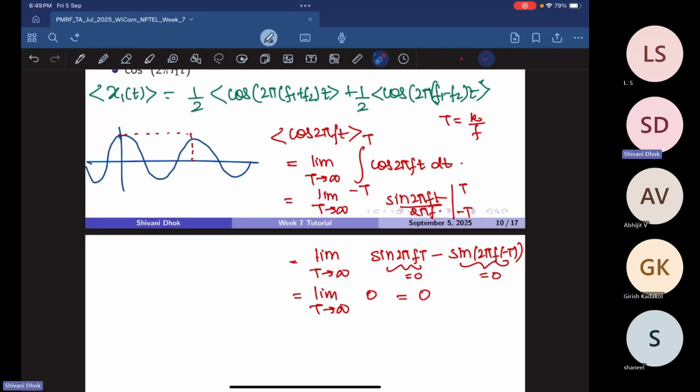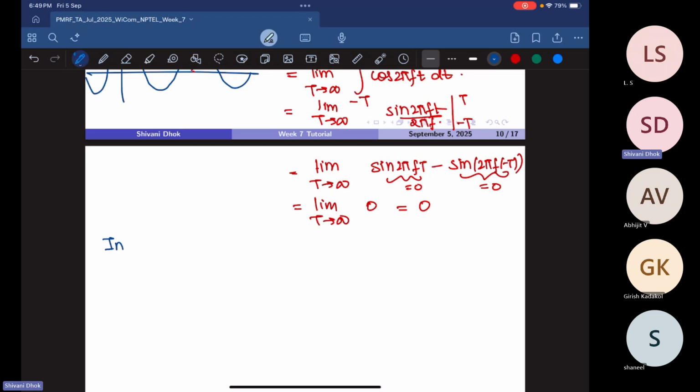You can also try the same thing with sine 2 pi ft. In a similar way, we can show the time average of sine 2 pi ft is also equal to 0 for any frequency.